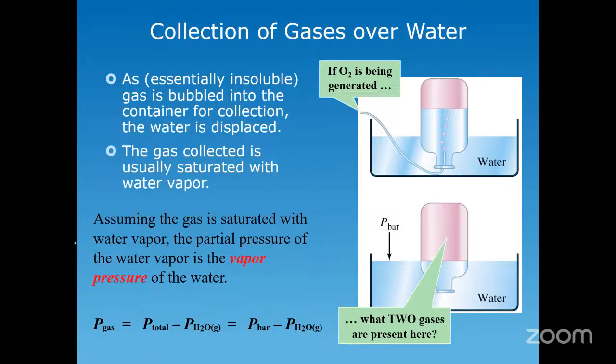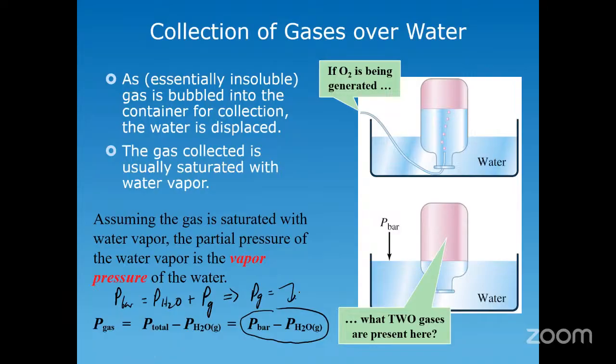The barometric pressure would be equal to the total pressure of the gases above the water in the jar, which is the vapor pressure of water plus the pressure of the gas being collected, in this case oxygen. Therefore, if you want to find the pressure of the gas being collected, it would be equal to the difference between the barometric pressure and the water vapor pressure, which is given right here. That's how you determine the pressure of the gas being collected.